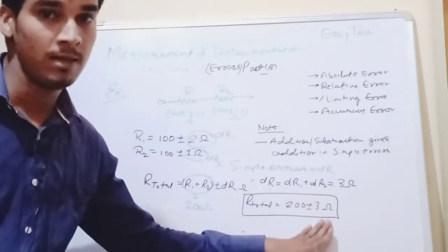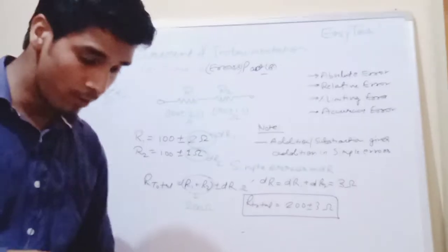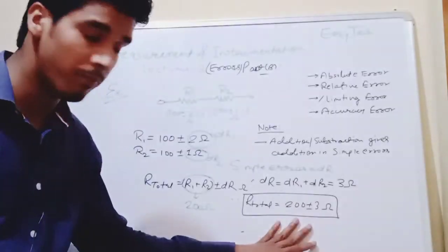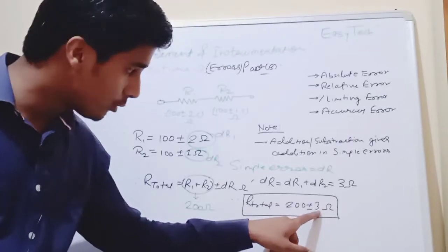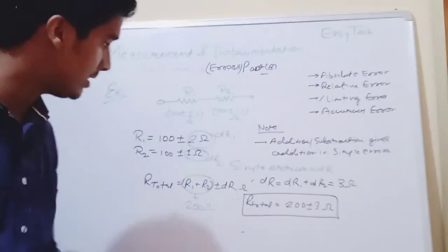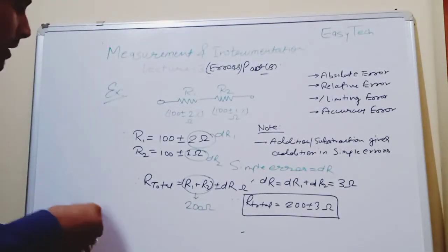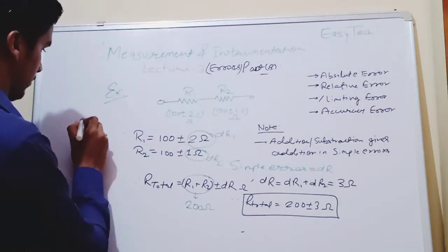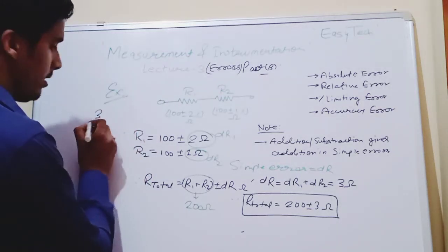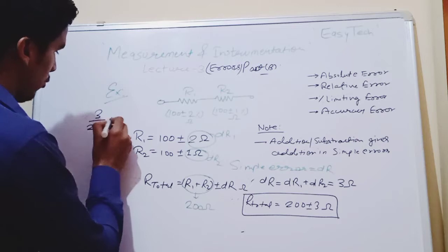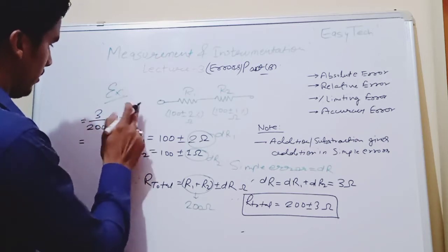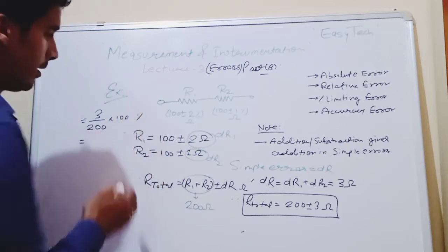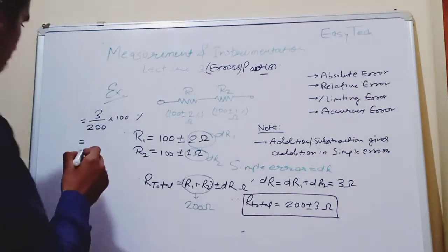This is the simple error. Now if you want to express it as percentage limiting error, you have to take the weightage of 3 with respect to 200. That means 3 divided by 200 multiplied by 100 percent, which is equivalent to 1.5.